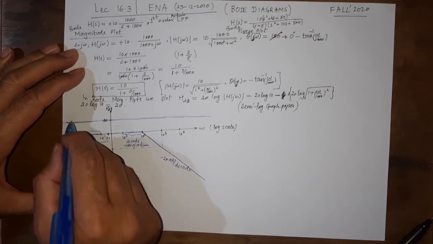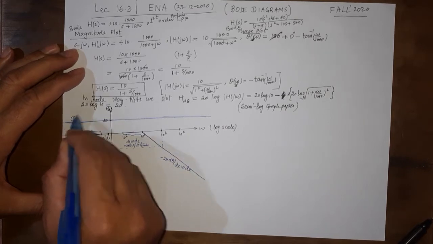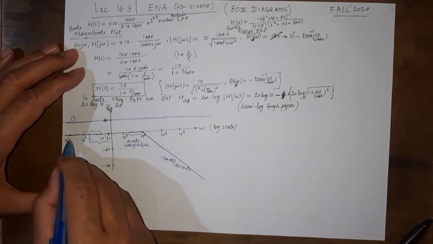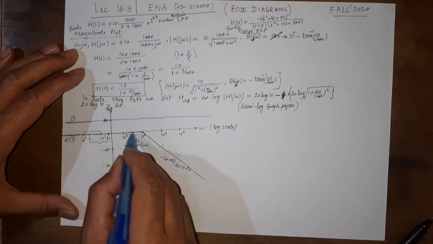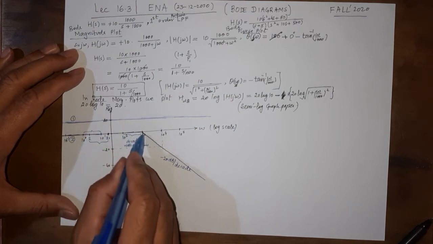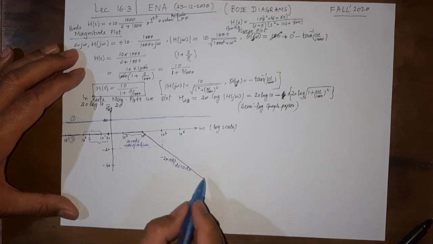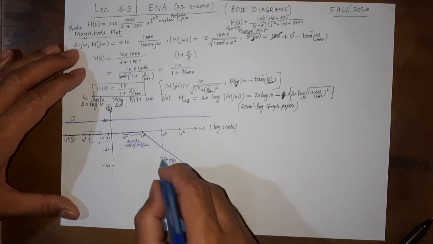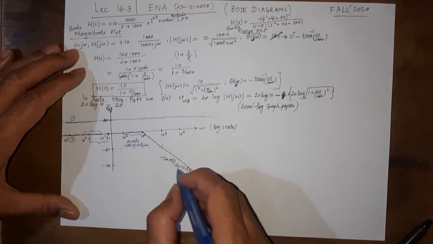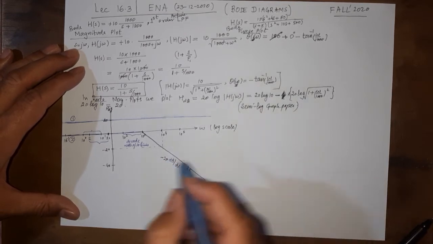Now you have two graphs, one coming from this term, the second coming from this term, which goes on as 0 up to the critical frequency, then goes down in a straight line to plus infinity with a slope of minus 20 dB per decade.